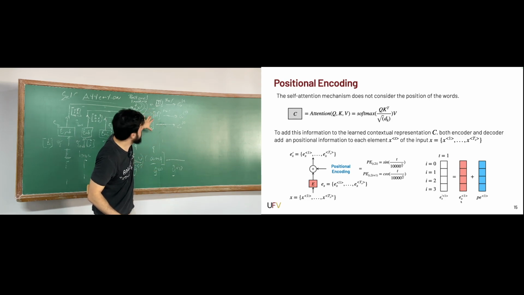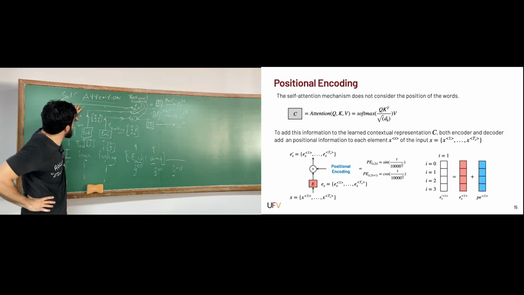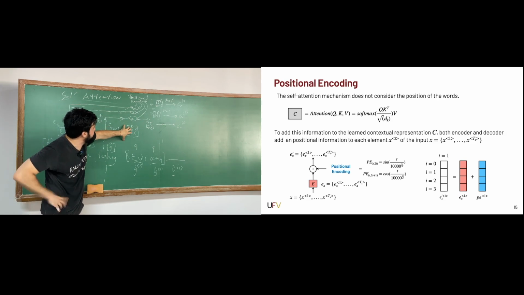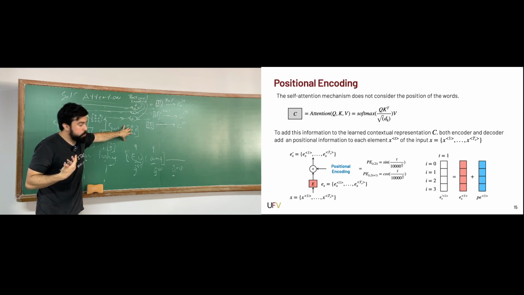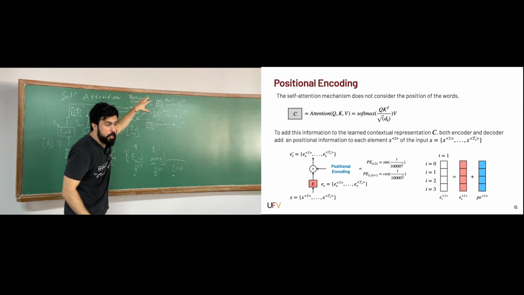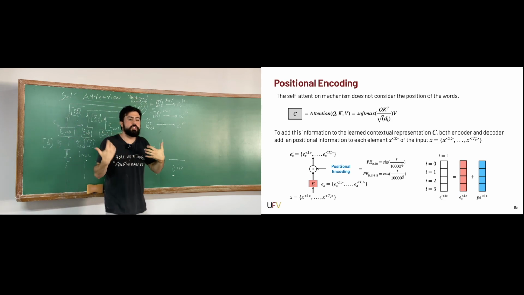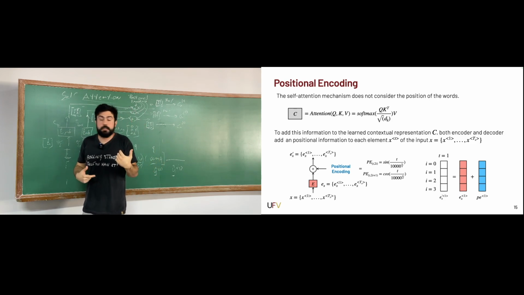So the vectors in red are these embedded vectors before positional encoding. What I have to do in positional encoding is produce a vector in blue that has the same dimension of the X, but somehow adds position information to each element.